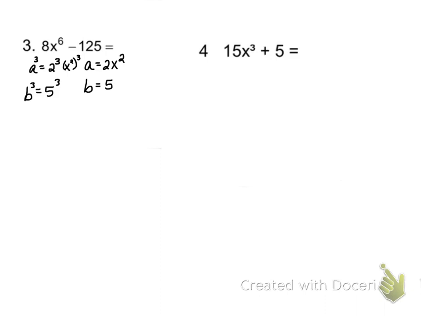Now we're going to find our pattern. It's a difference. So the pattern is a minus b, and then it's a squared plus ab plus b squared. So a minus b is going to be 2x squared minus 5.